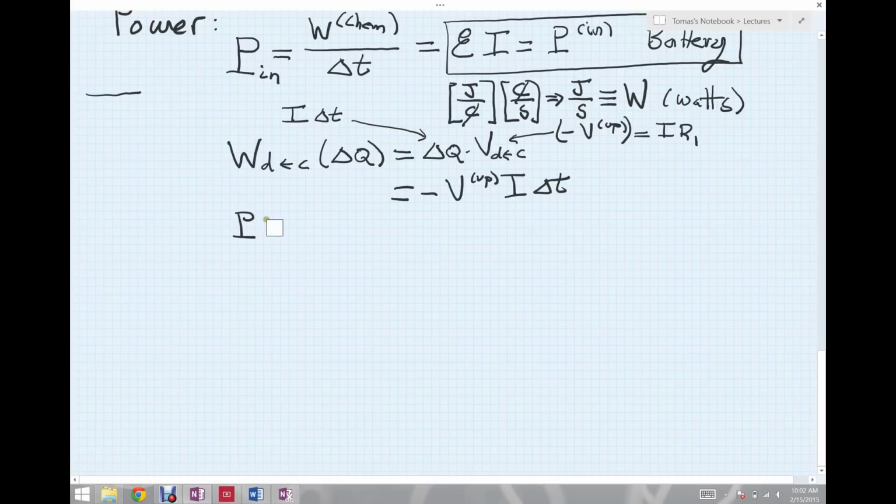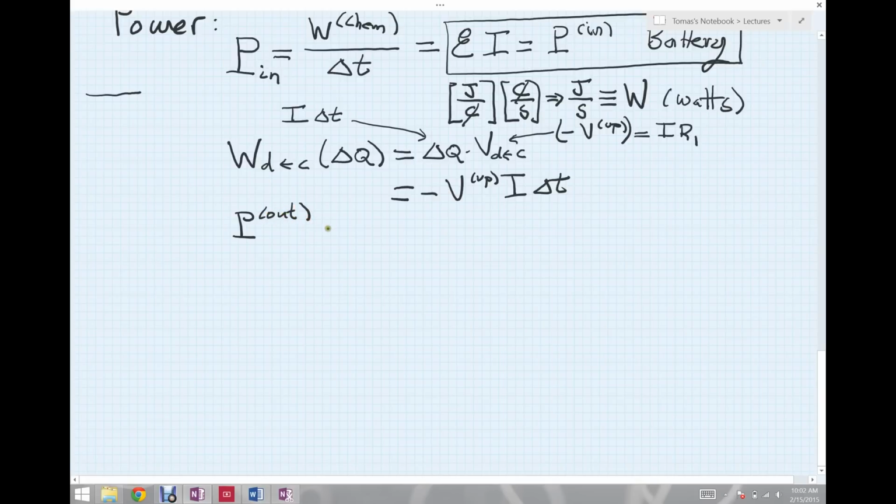We are not investing work in the system. That's why we're getting a negative sign here. We are putting negative work into the system. That's the same thing in energy accounting as saying the system is putting out work for us, not us putting work into the system. The work that we're getting out, of course, is the light that we see from that light bulb. So the formula we're getting here has a minus sign in it, but really what it's accounting for is the positive power out that is coming out of this particular system.